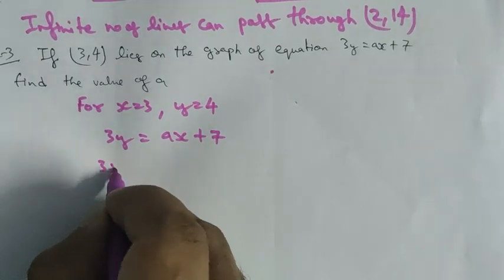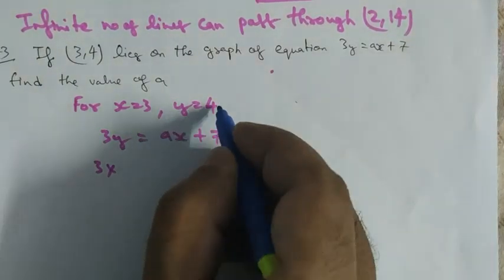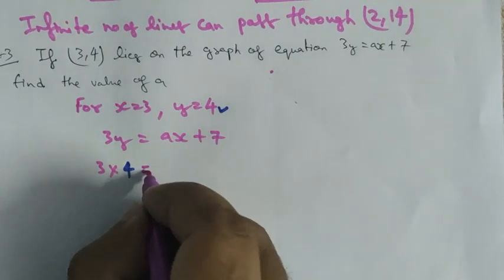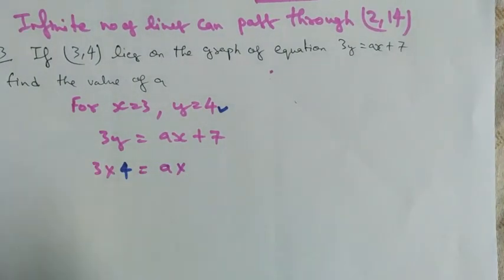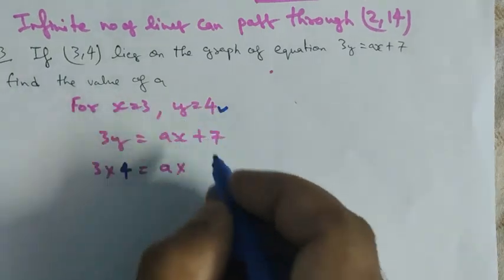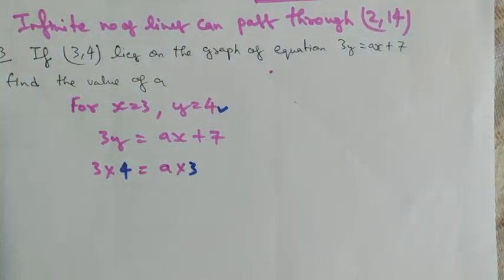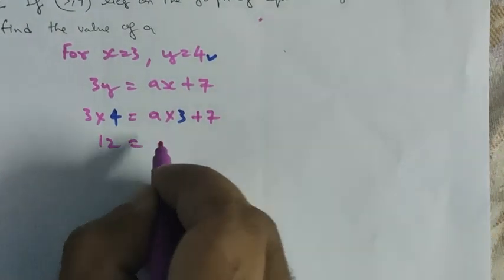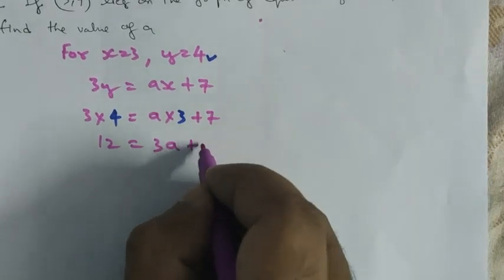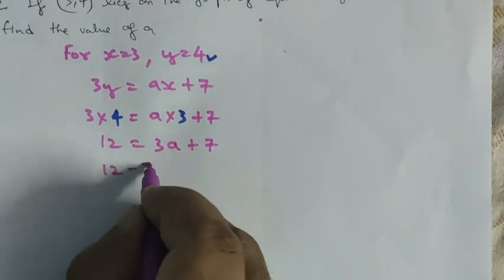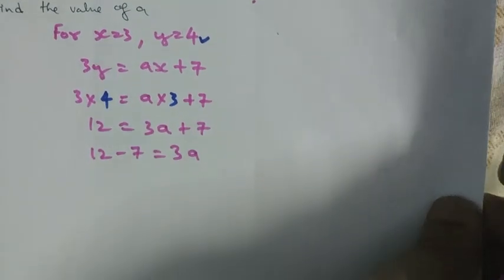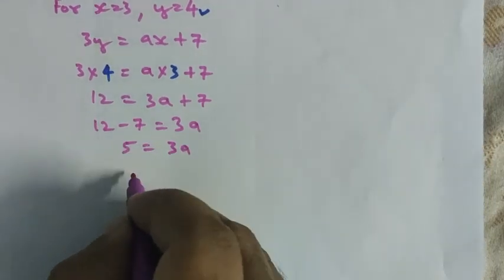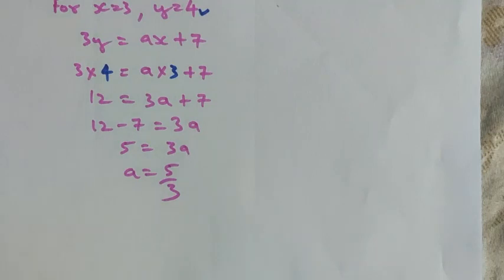So 3 multiplied by y, that is 4, equals a multiplied by the value of x, that is 3, plus 7. Substituting, we get 12 equals 3 times a plus 7. Transposing, 12 minus 7 equals 3a, that is 5 equals 3a. So a will be equal to 5 upon 3.